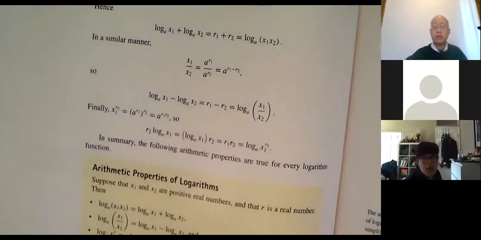All right, that's about it, folks. So let me stop the share and check the chat. Okay, so 5.2, number 11, e to the 2x.